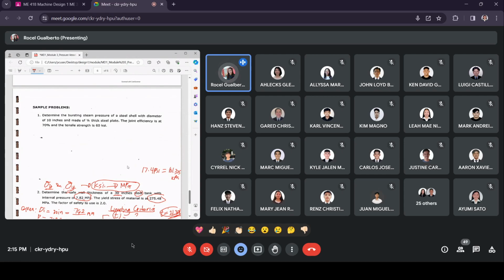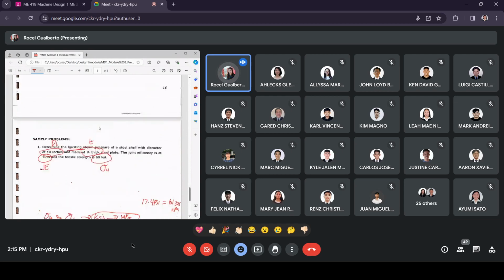So you look at the given values. So this one would be the diameter, this one would be the thickness. Joint efficiency 70, this is your JE, and then this 60 KSI, this is your sigma U. You're asked to find the bursting steam pressure.